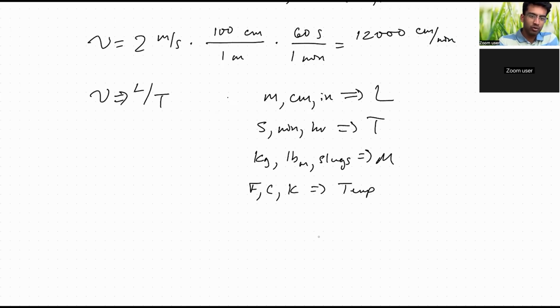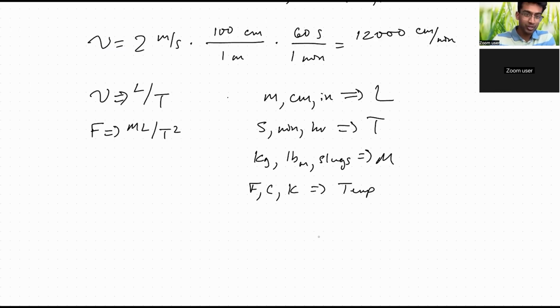And so we can describe, well, not almost everything, every physical phenomenon, in terms of fundamental dimensions. So for example, force is equal to mass times length over time squared, right? In other words, mass times acceleration, right?